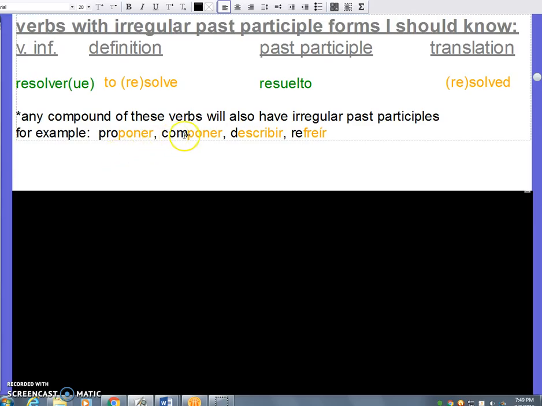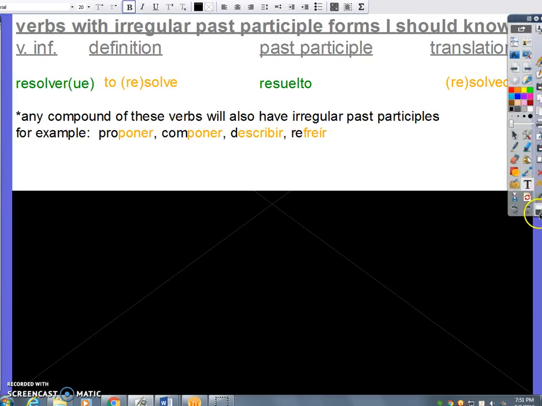This would be compuesto. This would be descrito. This would be refrito. If you did not skip enough lines last year when you took these notes originally, you can add this information via Post-it or however you see fit. But this is additional new information that needs to be added to your previously taken notes if you were lucky enough to still be in possession of them.